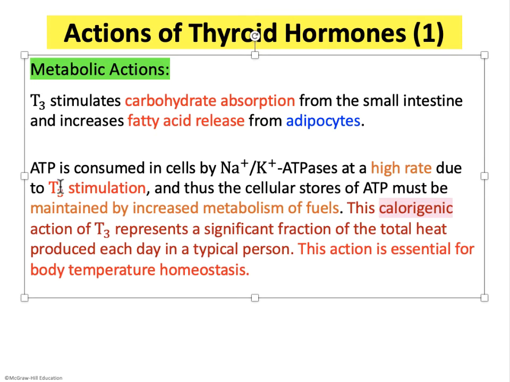So T3 stimulates ATP consumption by the sodium potassium pumps at a high rate. And if you recall your cell biology, ATP generation is normally the product of either glycolysis or, more importantly, oxidative phosphorylation in the mitochondria.